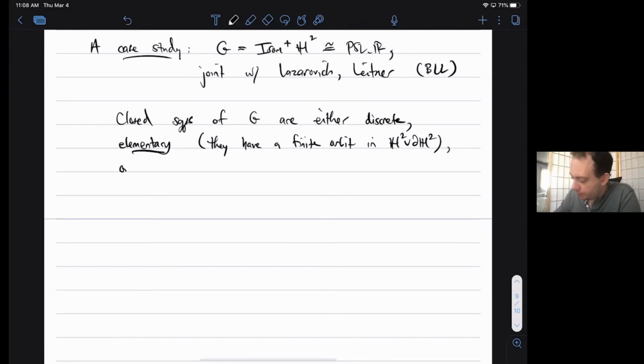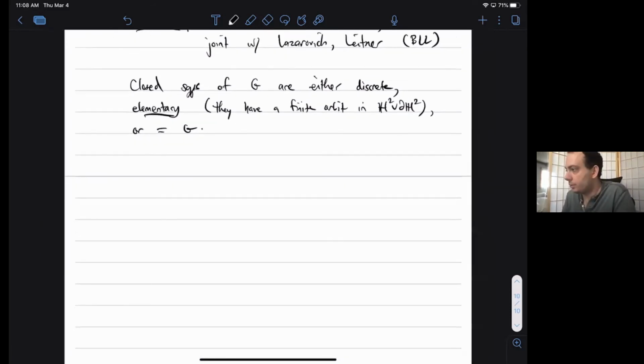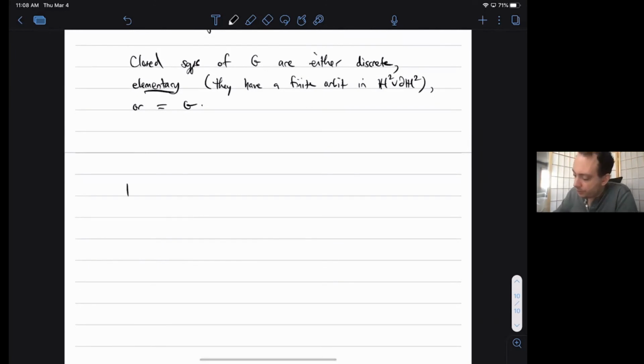Maybe the elementary assumption doesn't mean much to you right now if you don't study hyperbolic geometry, but the point is that elementary groups you can completely classify.